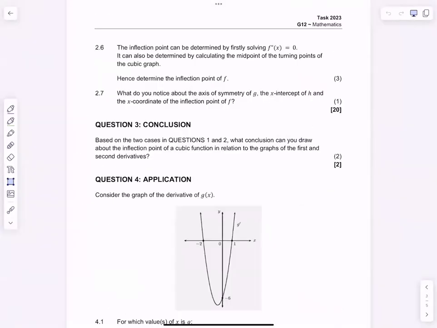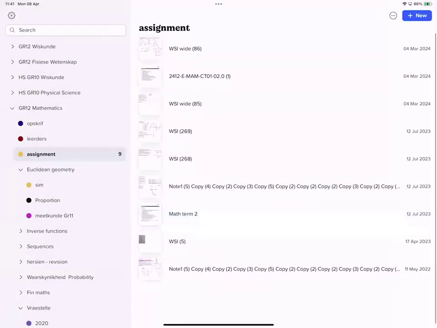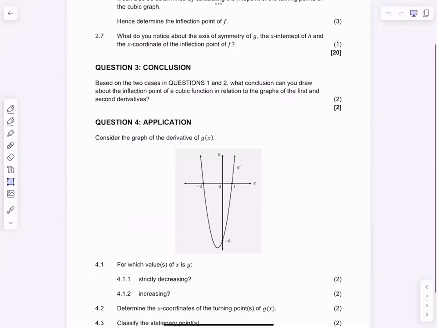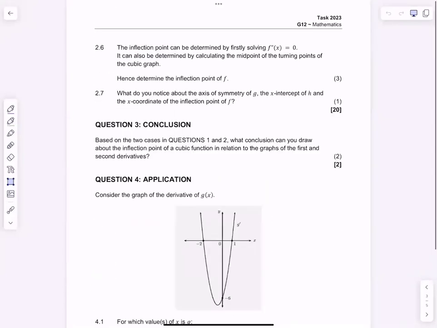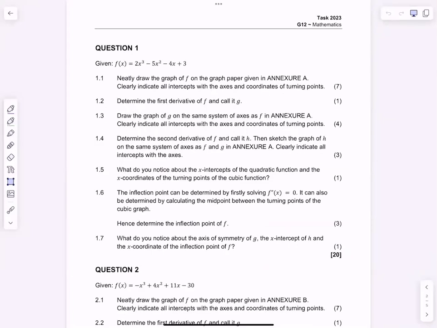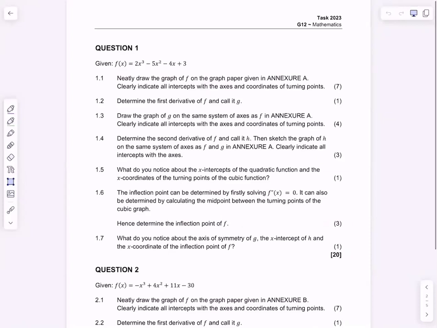Yes, I think so. This might be the assignment, I'm not 100% sure, to be honest. But if this is the assignment, this is math term 2. So does Sue think once we finish calculus, we could quickly run through the task? Yes. Okay, thank you.